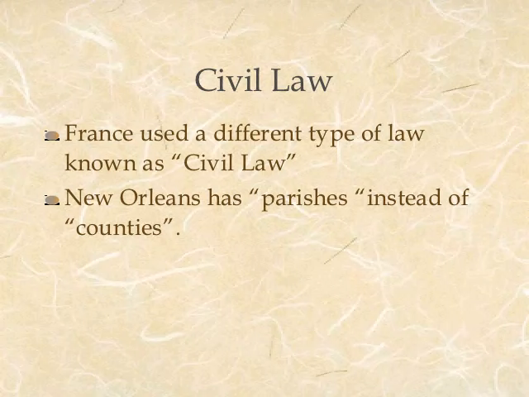If you look in New Orleans, they still practice some civil law, and in New Orleans, the difference is counties are called parishes instead of counties, where counties, that word came from the English tradition, and the rest of the United States still uses the word counties for subdivisions of states.